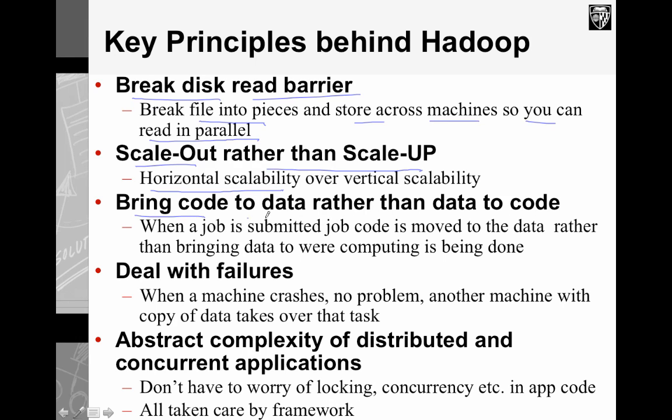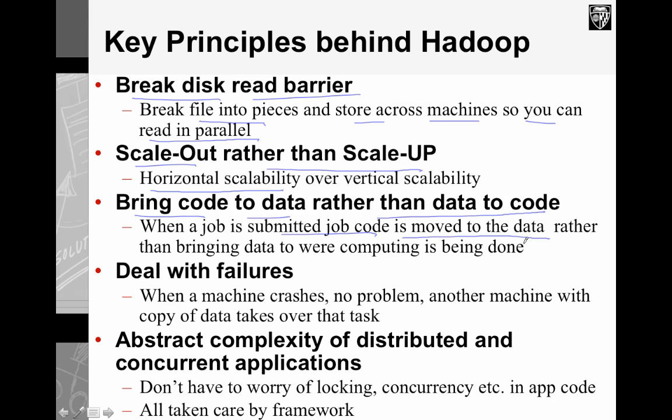You bring code to data rather than data to code. One of the great things about Hadoop is that when you write a MapReduce job and submit the job, the code is actually moved to the data. What do I mean by this? Your actual code, your jar files, your Java classes are copied across all the machines where the data is located, and the computation is done within that machine.